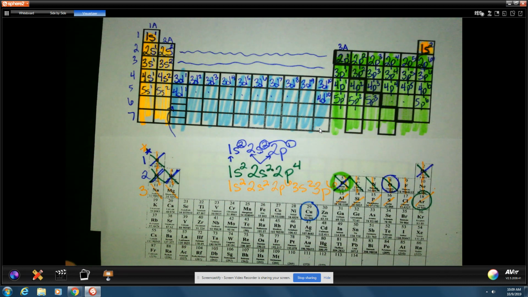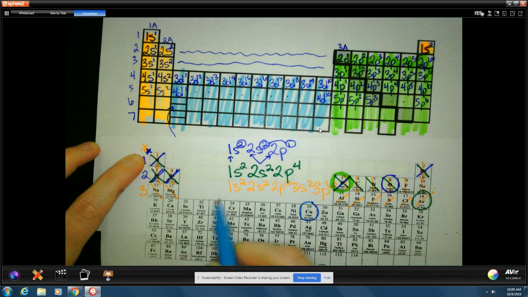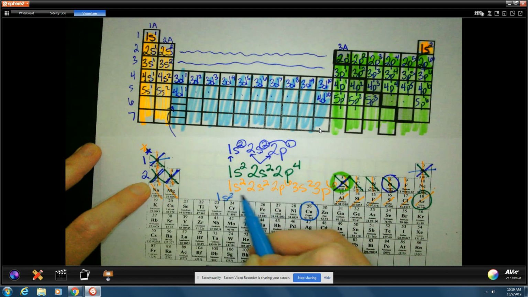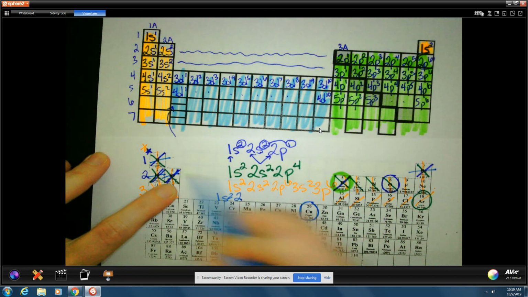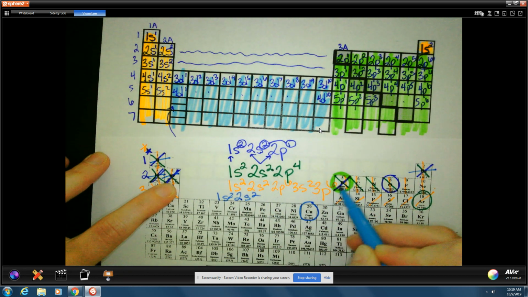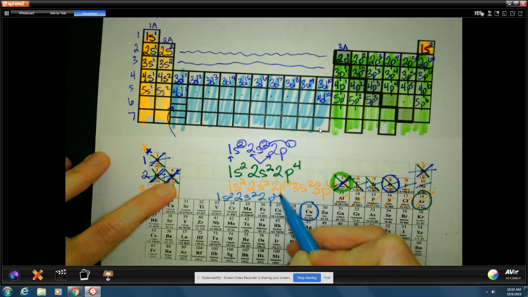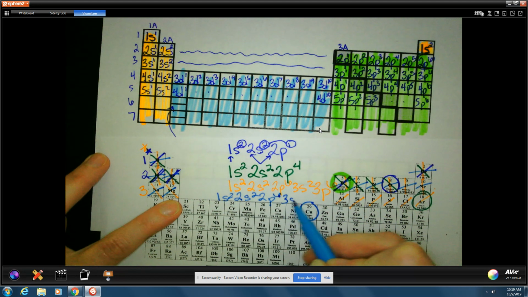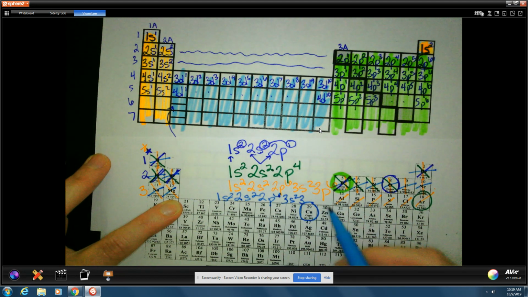So for copper, again, we start here. So 1s2. Then we go here, we're in energy level 2, S block, there's 2 of them. Energy level 2, P block, there's 6. Go to the third energy level, 3, S block, there's 2. Still in the third energy level, but now I'm in the P block. There's 6 of them. I need to get through all of them.